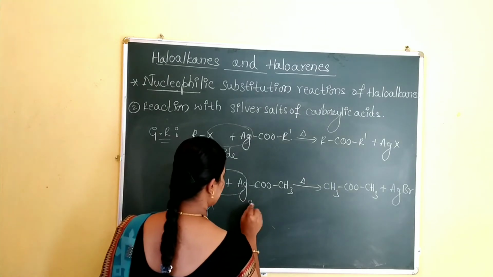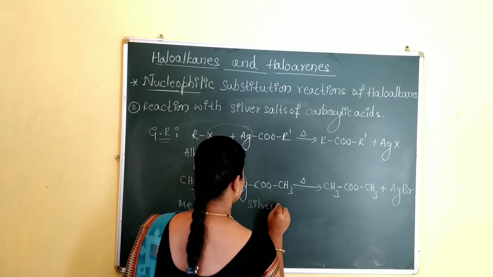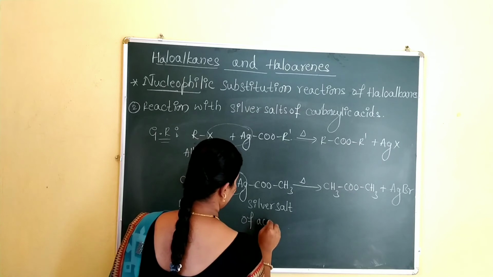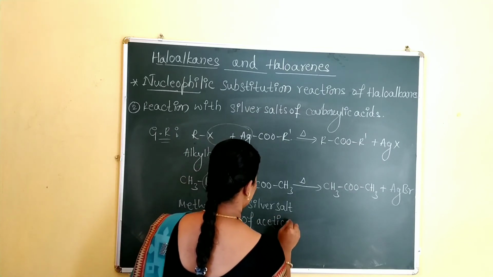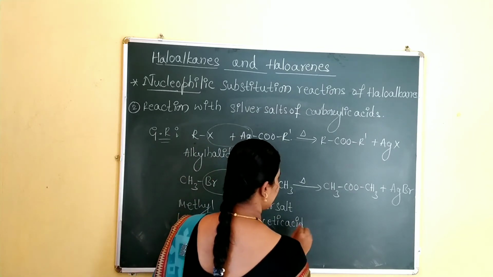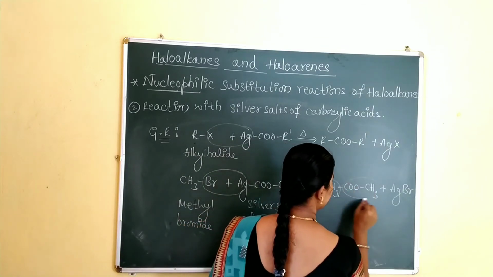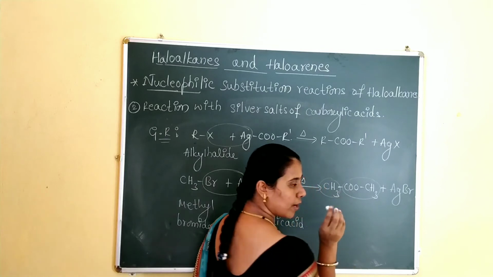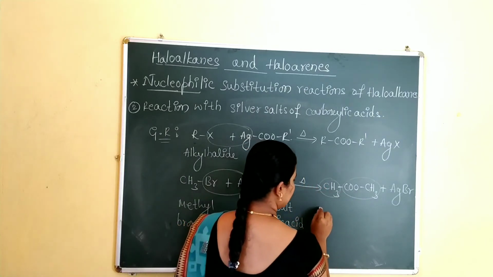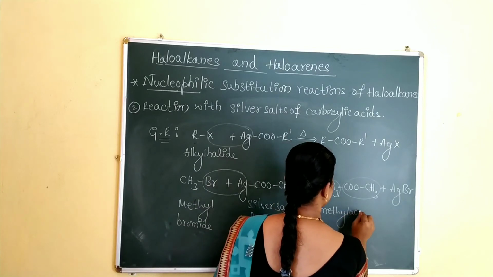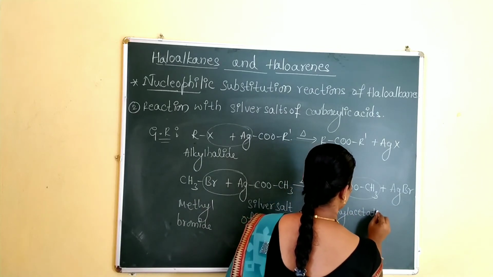This is methyl bromide. This is silver salt of acetic acid. Now it is methyl acetate. CH3CO group we call acetate. This is methyl, therefore this is methyl acetate.